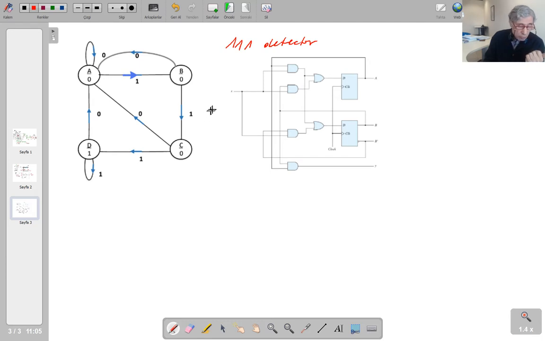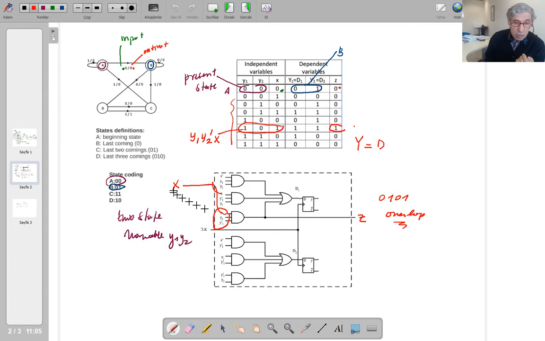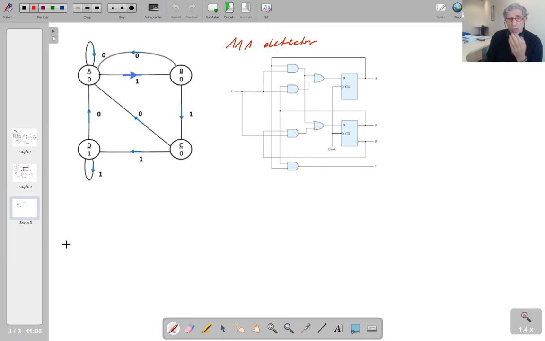So the previous one was a Mealy machine, isn't it? You could see it was Mealy because the output depends on x here. Okay, so if the output function depends on x and the state variables, then it is a Mealy machine. This one is going to be a Moore machine. How it's going to be a Moore machine, I'll tell you.